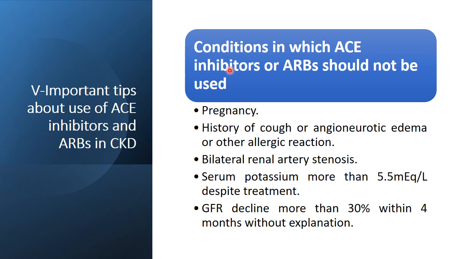Conditions in which ACE inhibitors or ARBs shouldn't be used include pregnancy, history of cough or angioneurotic edema or other allergic reaction, bilateral renal artery stenosis, serum potassium level more than 5.5 milliequivalent despite treatment, and GFR decline of more than 30% within 4 months without explanation.